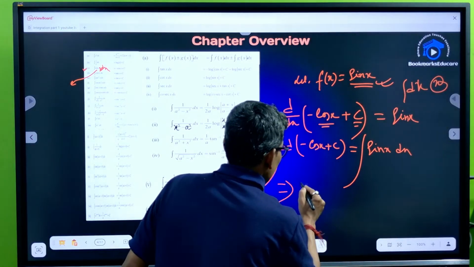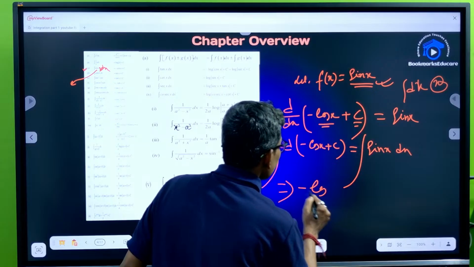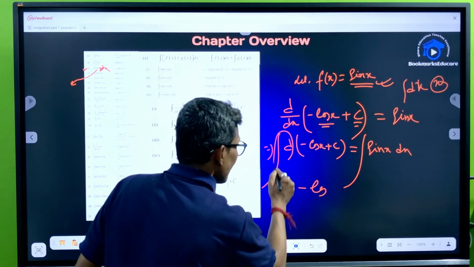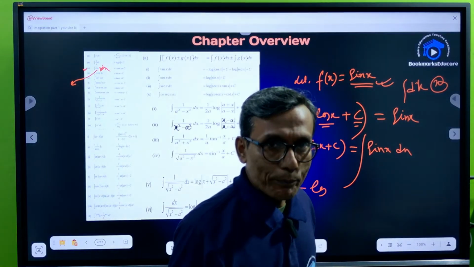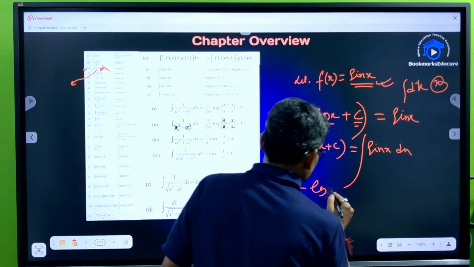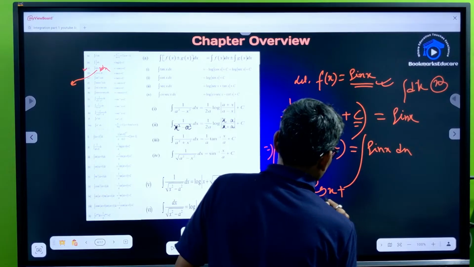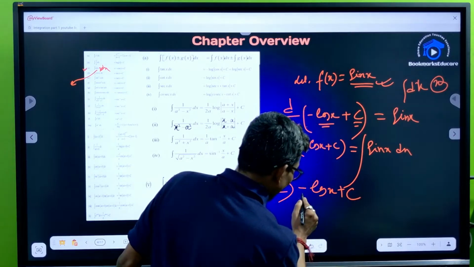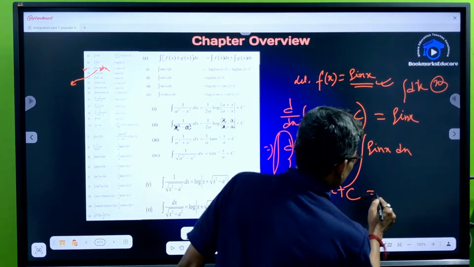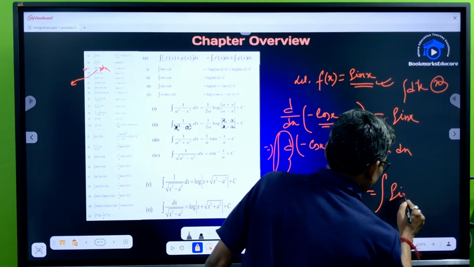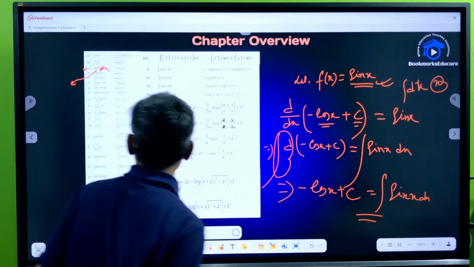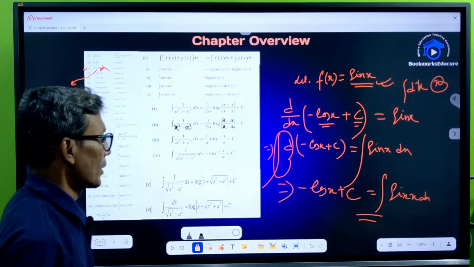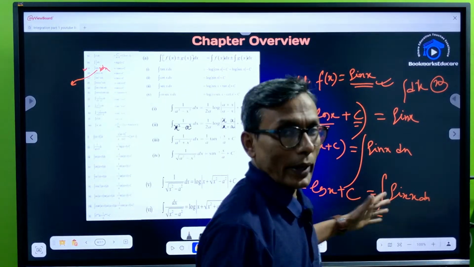So the d and the integral sign are eliminated, and the result will be minus cos x plus c equal to the integral of sin x dx. So all these formulas are derived in this way.